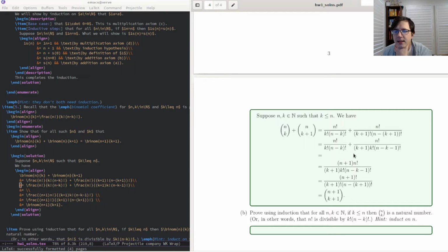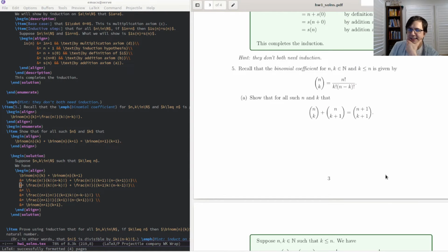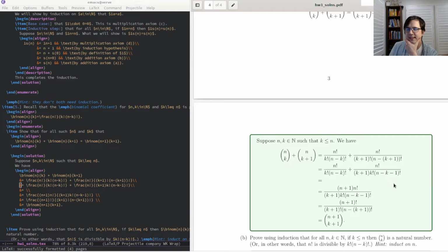Oh, I'm making sure. If n equals k, isn't this 0? I mean minus 1? That's not good. Oh wow, that's a little case analysis that we have to do. Yeah, because if n equals k, that's minus 1 factorial.